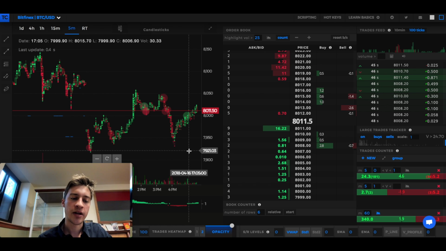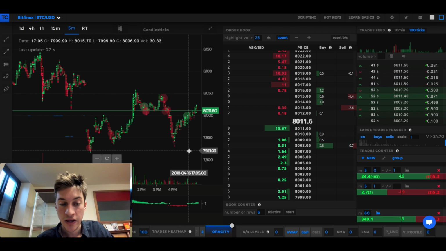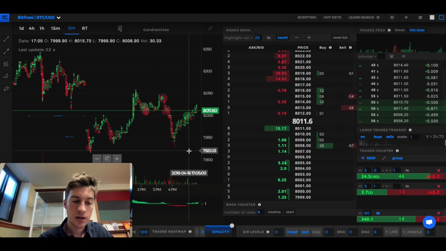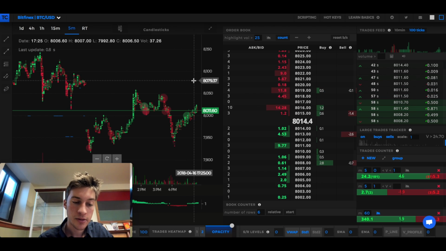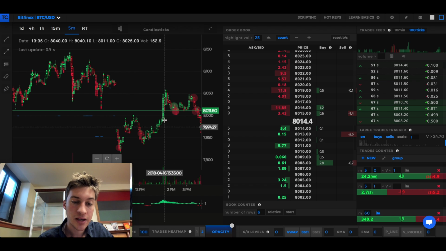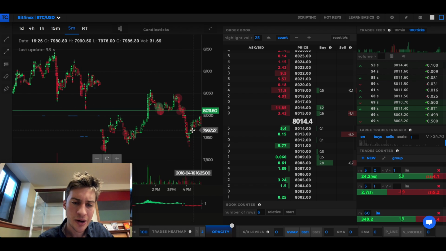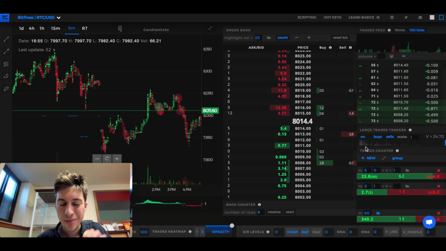And moreover, on that accumulation and distribution, before we see a large price change, we're probably going to see a large change in volume, i.e., it could be many retail traders who are market selling on a retracement, and then price just shoots right up, and they don't even know why that happened, but they were actually accumulating positions. Or it could be something like price goes up like this, and then a volume spike, just everyone buys in, and then the market goes down and retail is confused because this looked so strong. We can actually use that same kind of methodology by looking at the large trades tracker.